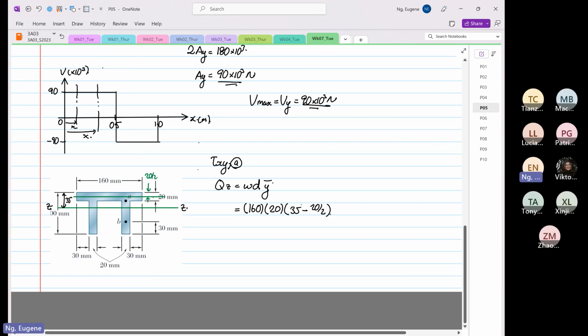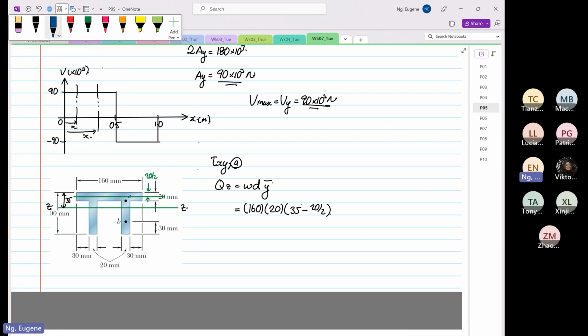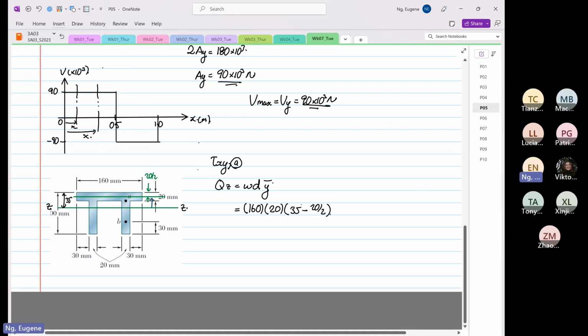And to find our distance, I'll use a different color, which is our y bar, is equal to 35 minus 20 divided by 2. Exactly like what you see.